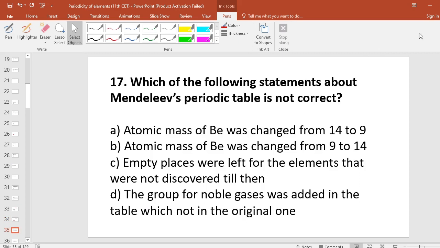Next one. Which of the following statements about Mendeleev's periodic table is not correct? Atomic mass of beryllium was changed from 14 to 9. Atomic mass of beryllium was changed from 9 to 14. Empty places were left for the elements that were not discovered till then. And the group of noble gases was added in the table which was not present in the original one.